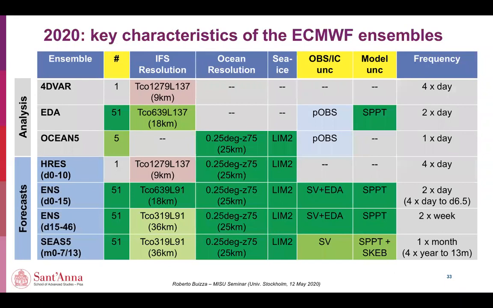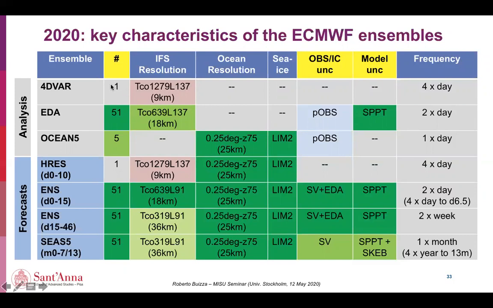Okay, so the effect of all this work has been that today, as I'm speaking, most of the products generated by the European Centre are based on ensembles. If you think about the analysis problem, there is still a single high resolution analysis.